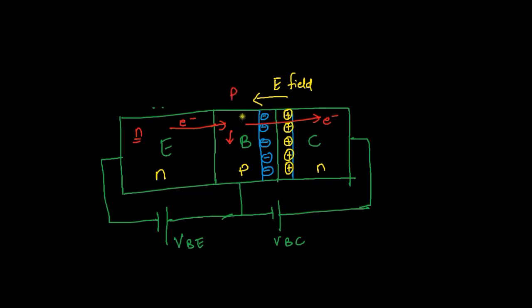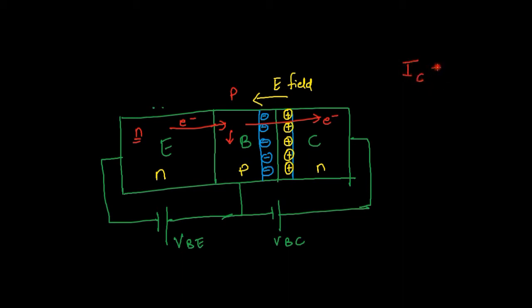It means the majority carriers in this P type are holes. But its width is very small, so it means a lesser number of holes. So out of these many electrons, say around 150, around 10 electrons will combine with holes. The remaining 140 electrons will travel to the collector.